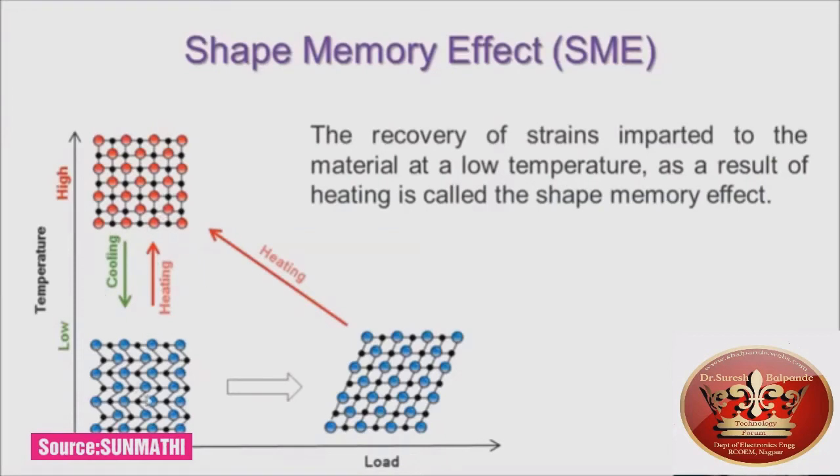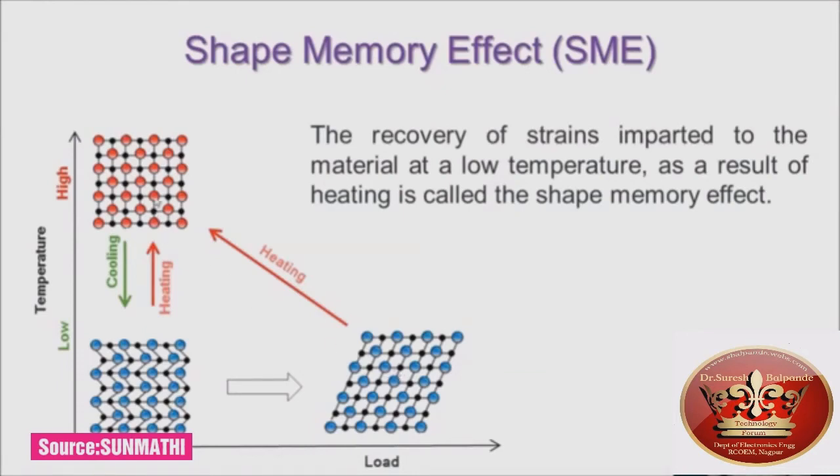Suppose the twinned martensite is under stress or any load value, it changes to deformed twinned martensite. This is the deformed shape. So this transformation depends only on the load or stress value. When the deformed twinned martensite undergoes the heating process, it returns back to the austenite shape.